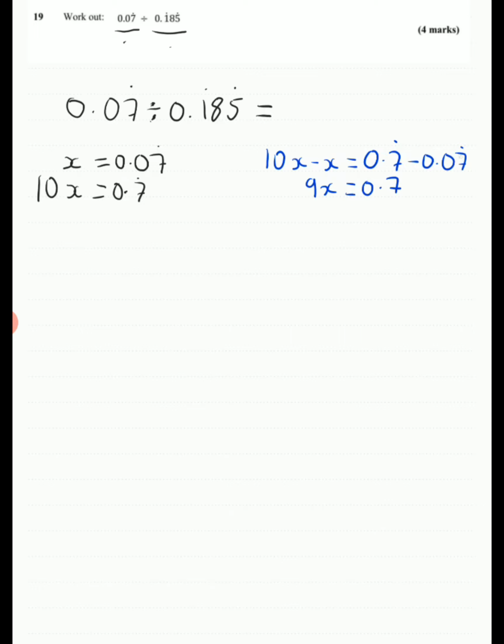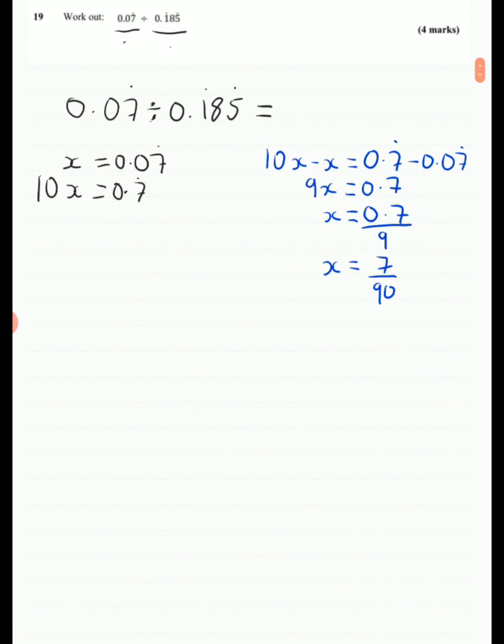Now the next step would be to divide both sides by 9. And that looks like kind of an answer, but because we don't like decimals in our fractions, we're going to multiply both numerator and denominator by 10, and we should end up with 7/90.